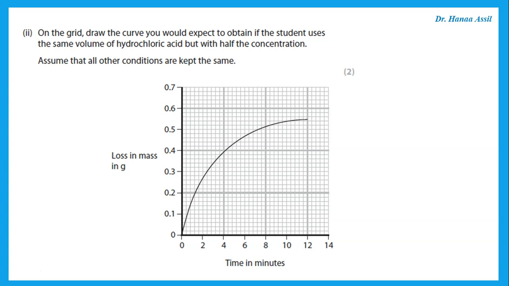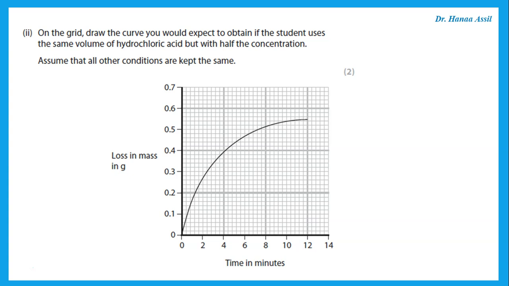On the grid, draw the curve you would expect to obtain if the student uses the same volume of hydrochloric acid but half the concentration. Remember, we said the limiting reagent affects the final volume of gas obtained.